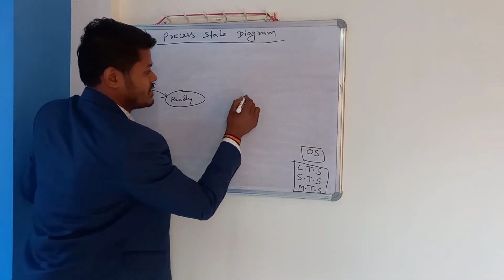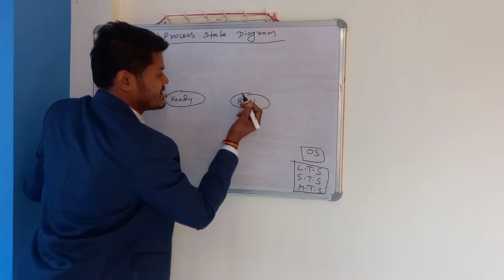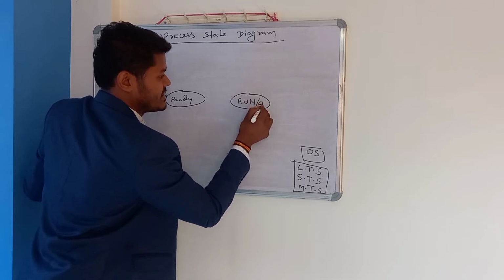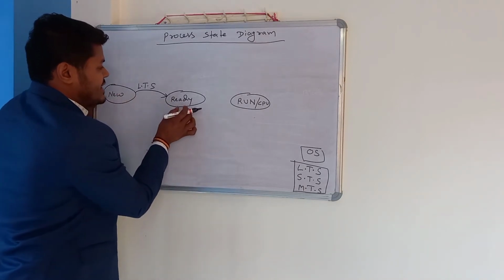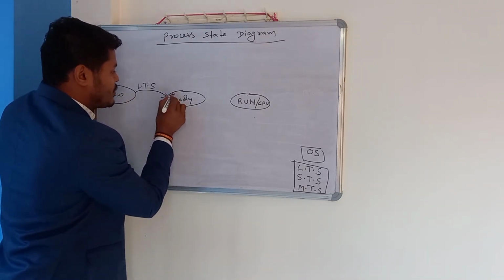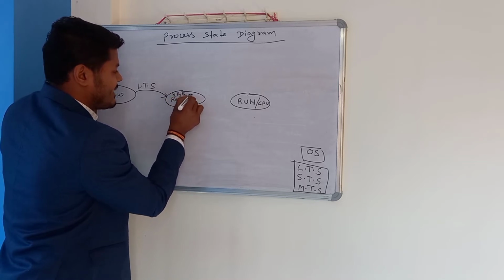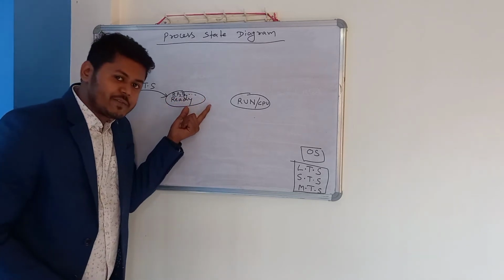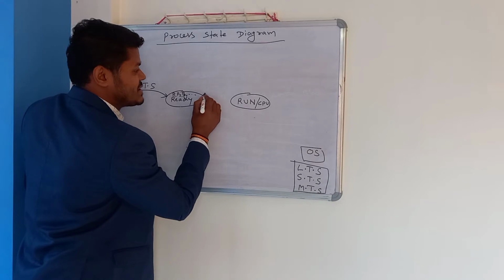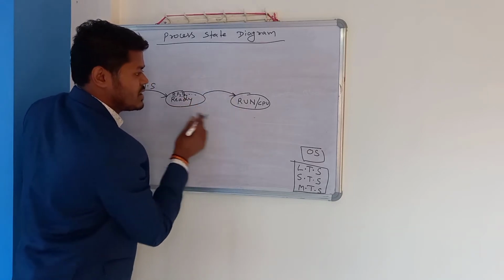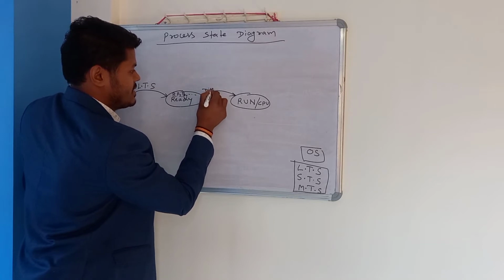After ready state, there will be the run state. Run state means CPU. In ready state, there will be multiple processes, P1, P2, P3, etc. One of the processes from ready state will be dispatched and moved on to the run state.